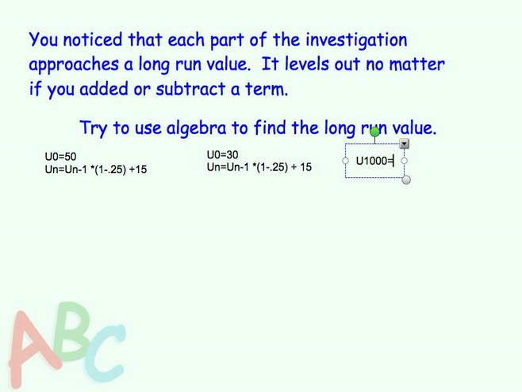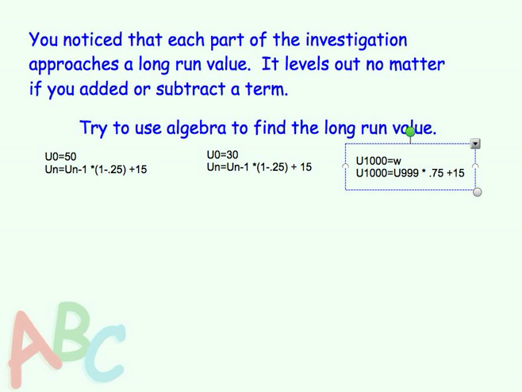Let's call it W. If I want to know what the 1,000th term is, I need to take the one before that, which is the 999th, and I'm going to multiply it by 0.75 and add 15.